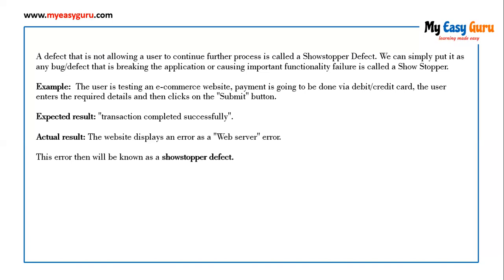But sometimes we get the result that the website displays a web server error. This error will then be known as a showstopper defect. When we see the web server error, we cannot continue the further process, and that's why this error is called a showstopper. So we can say that this bug is breaking the application or causing important functionality failure.